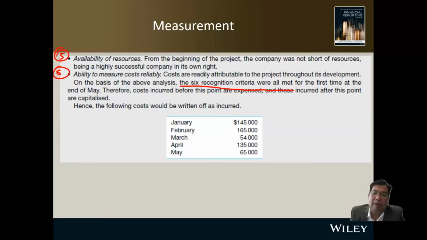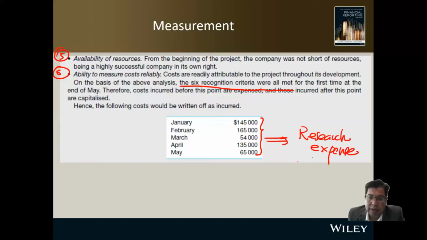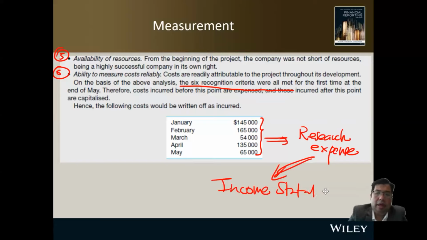Everything before that, any cost you incur for research from January, February, March, April, May, will go as your research expense. In simple words, it goes to your income statement.